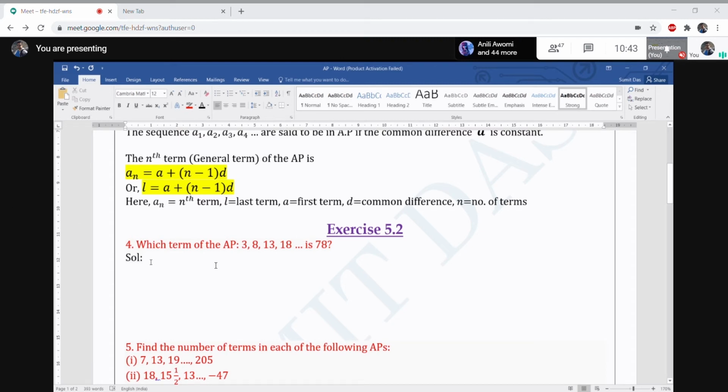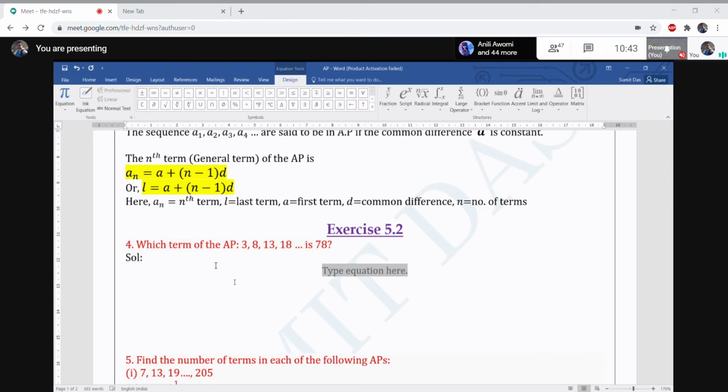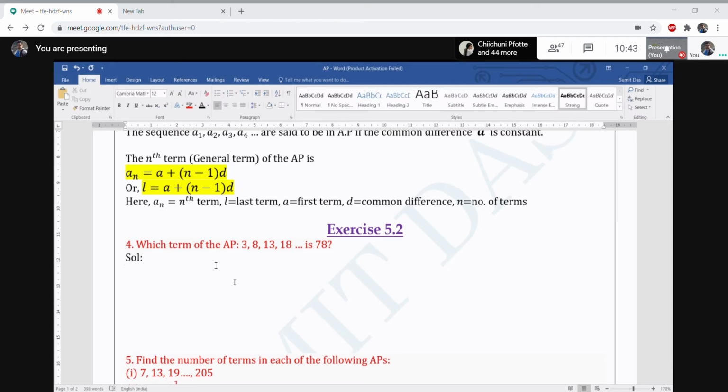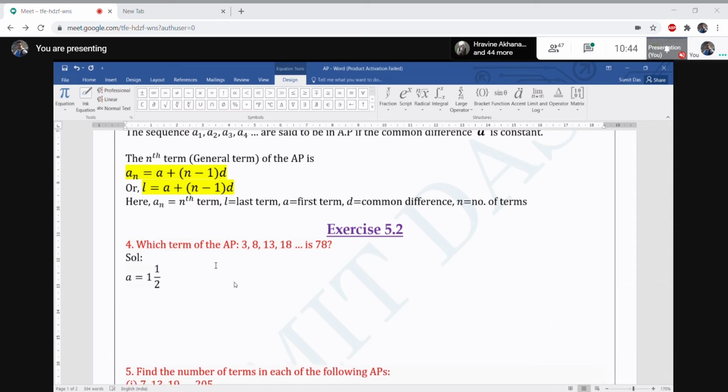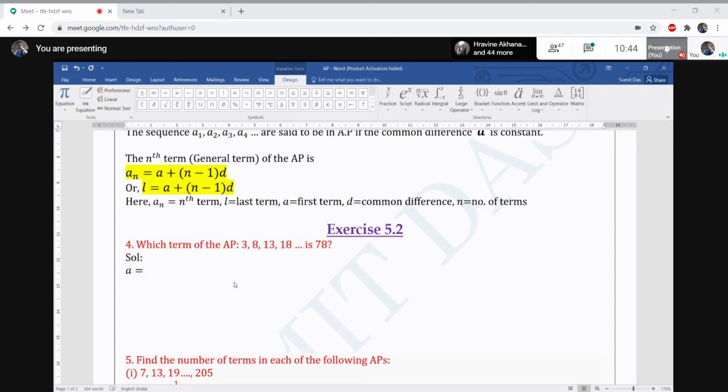So first start with a. Can anyone tell me what is the value of a here? Small a. Here a is the first term, right? Then what is d?